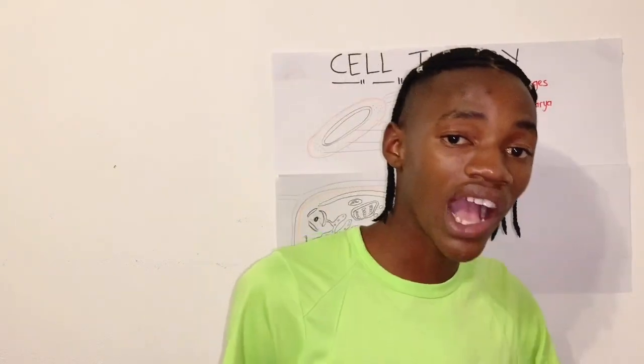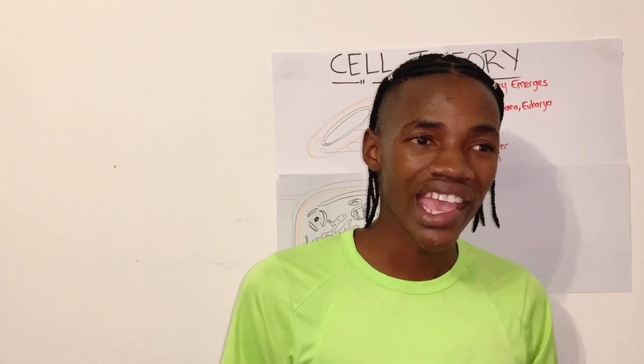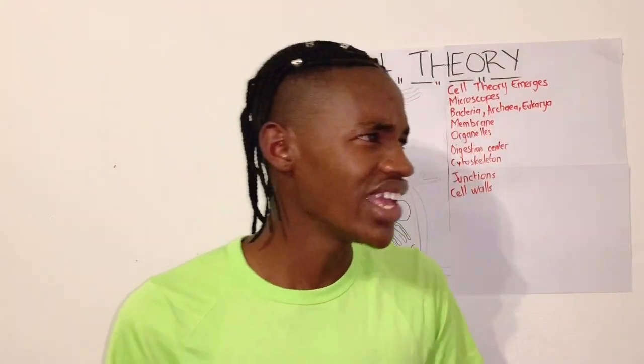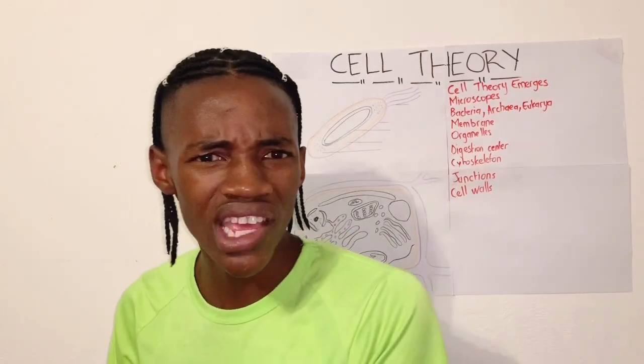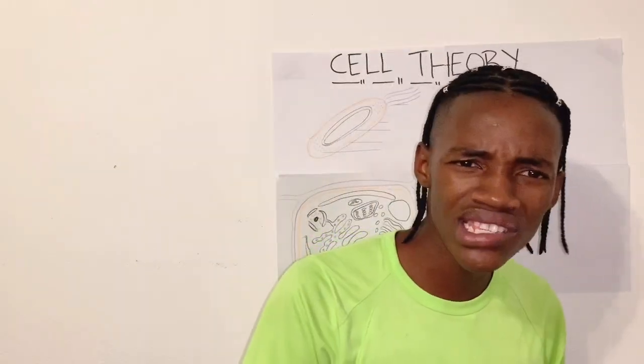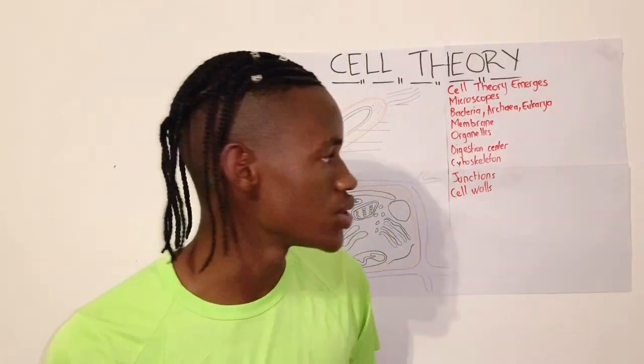Eukarya, like I said, is composed of four kingdoms, and it is very, very diverse. It is composed of multicellular and unicellular organisms.